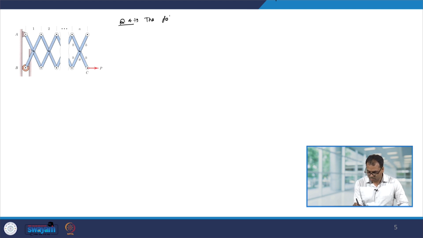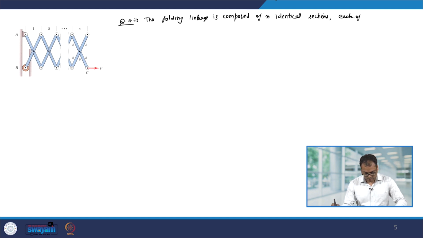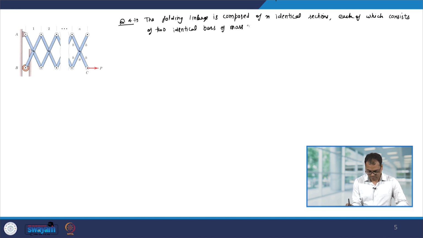The folding linkage is composed of n identical sections, each of which consists of two identical bars of mass m each.